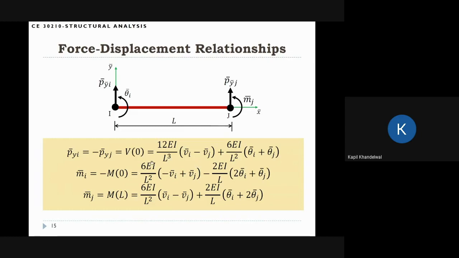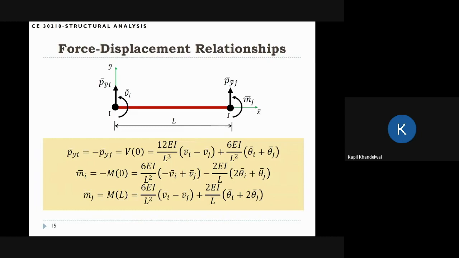So we evaluate the shear at 0, and this is your pyi, and it's equal to minus pyj. Similarly, mi is minus m0. The minus sign is because of the sign convention. I'm not going into the details of sign convention. I hope that you have learned this in previous classes, and for our class, I'm just showing you the derivations here.